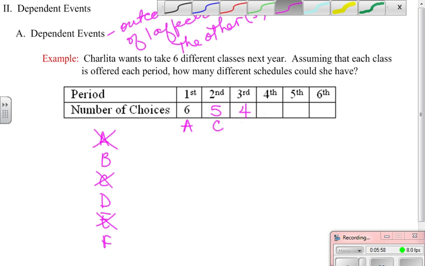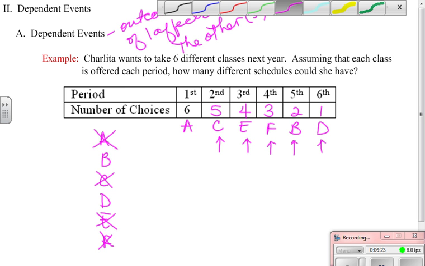She might pick E. When she goes to her list, she only has 3 choices left. She's going to put F in this slot, and she picked that from 3. She has 2 choices left, B and D. So she's going to pick B, and then she was left with D. So each time she made a choice, she had fewer options because it depended on her previous choice.